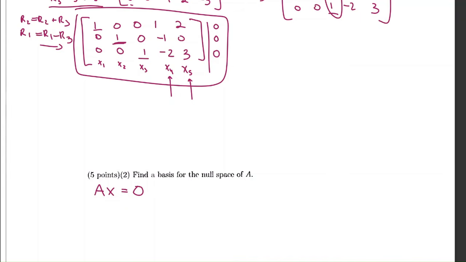So for example, I'll assign as the parameters t and s respectively. If I want to now write this in terms of the solution for this system, so x1, 2, 3, 4, and 5, I can solve this by moving these 2 terms over to the other side.